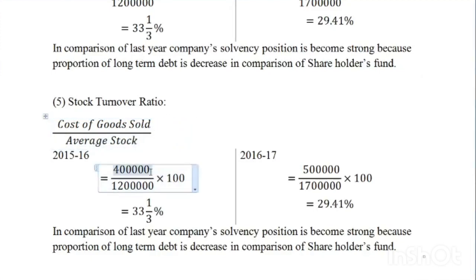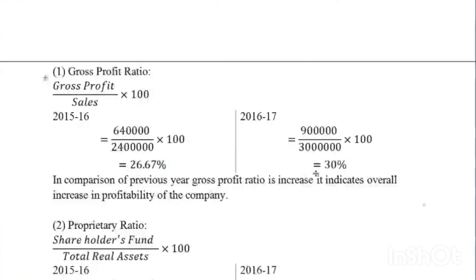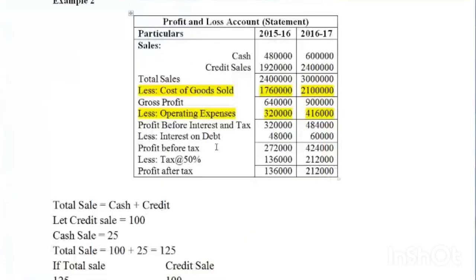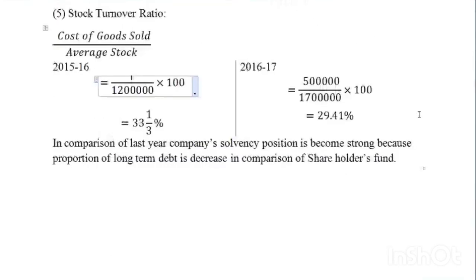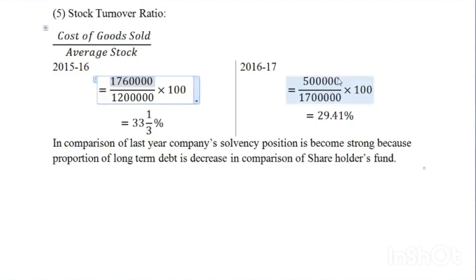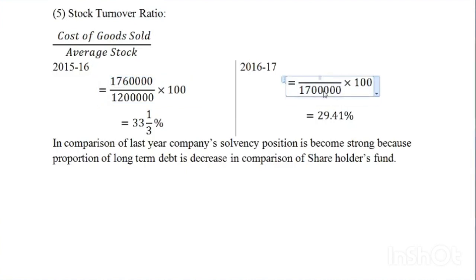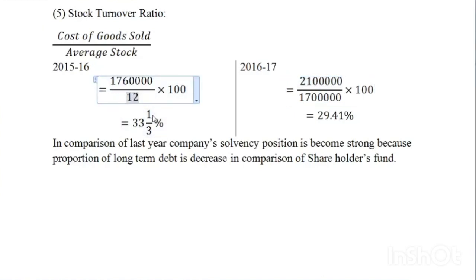So COGS is not directly given but we have calculated it. COGS is 17 lakh 60,000 in the first year and 21 lakh in the second year. And average stock means opening stock plus closing stock divided by 2.